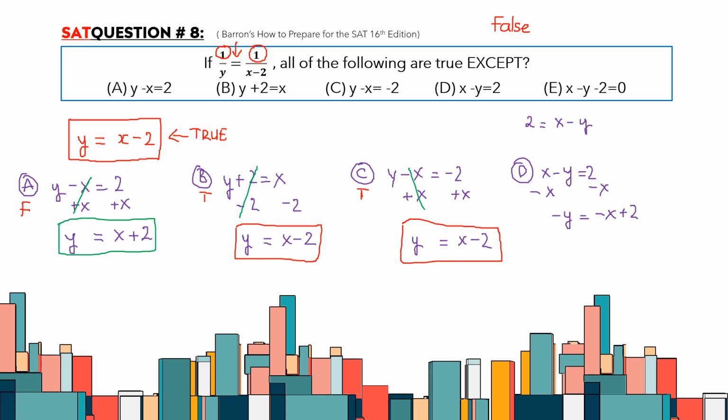And now I multiply both sides by negative 1. On the left hand side, negative 1 times negative y is y. On the right hand side we have negative 1 times negative x is x, and negative 1 times positive 2 is negative 2. And that gives me the true statement as well.